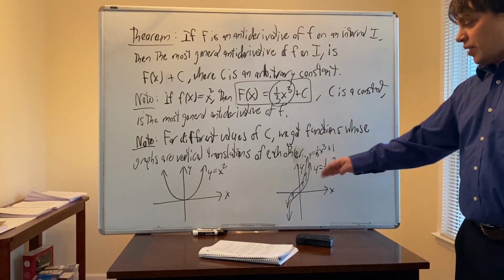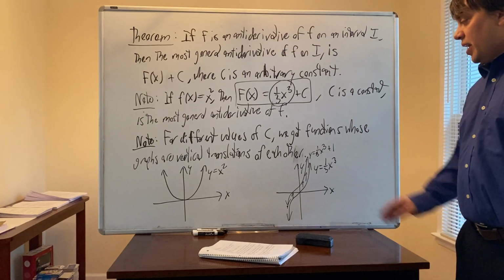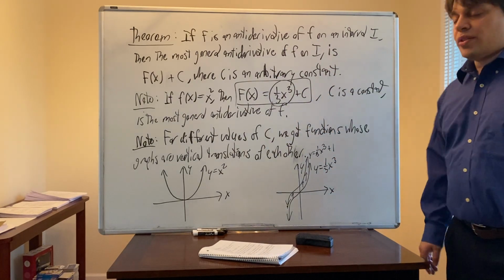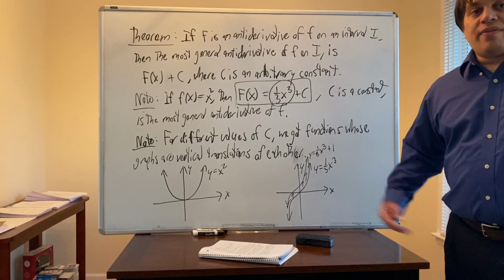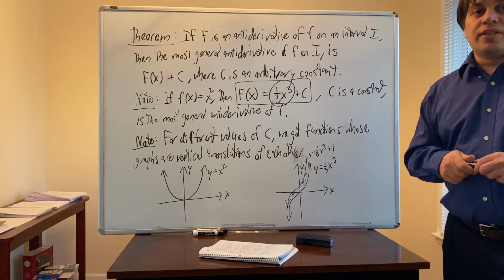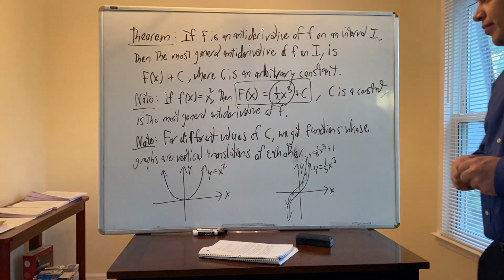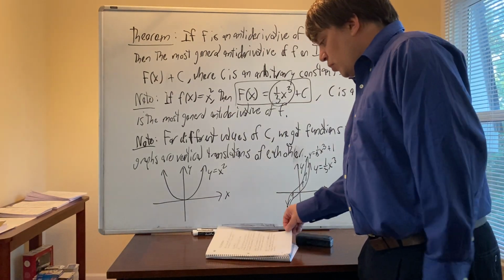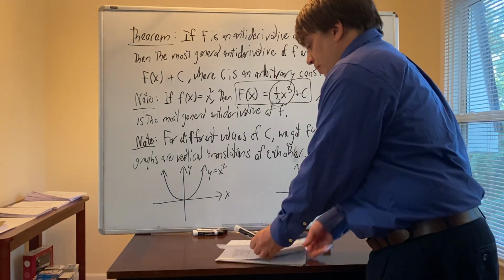And instead of adding 1, I could add 5, subtract 7, add pi. So you can add or subtract any constant you want, and that's another antiderivative whose graph is a vertical translation of the other antiderivative. Okay? All right, so that's more about antiderivatives.